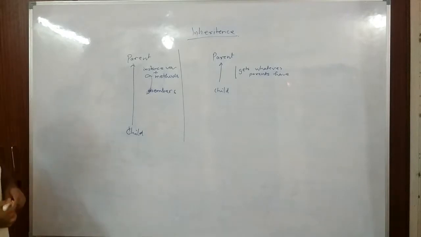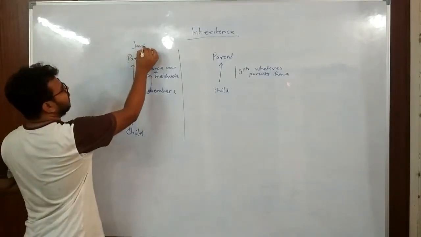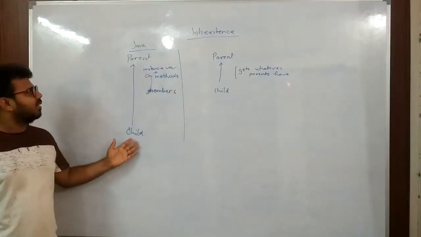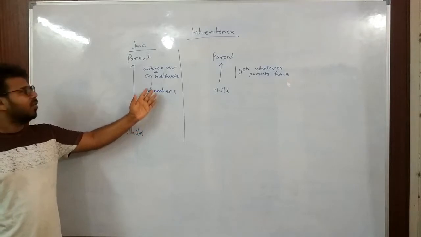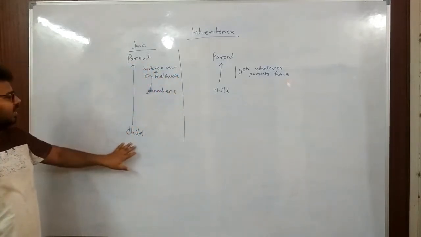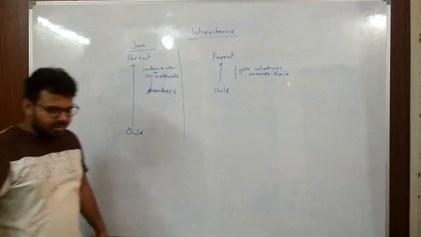Okay. So in the case of Java, we can say that a child class gets instance variables and methods from its parent class.